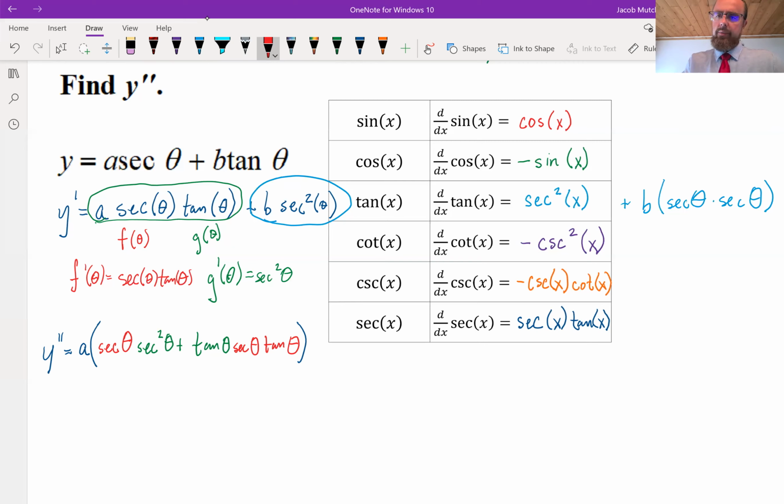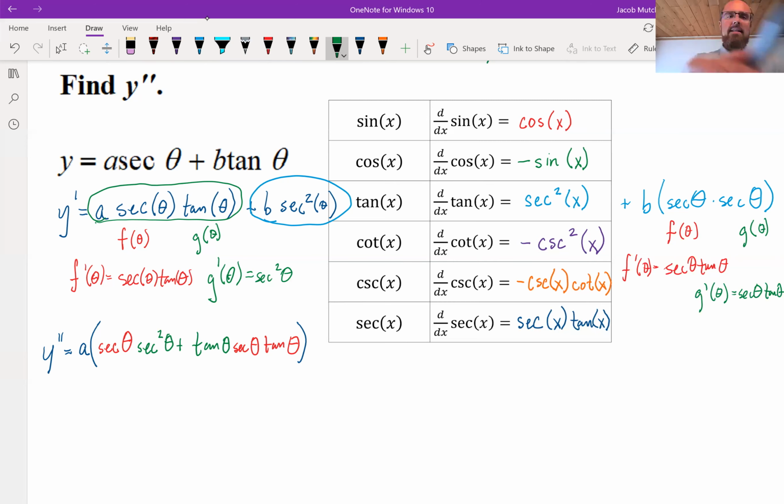It's kind of weird because both of the pieces are the same, but I do have two of them. The first one we'll identify as f of theta, so the derivative of small f is secant theta tangent theta. And then g of theta is the second occurrence of that factor of secant theta, so its derivative is also secant theta tangent theta.